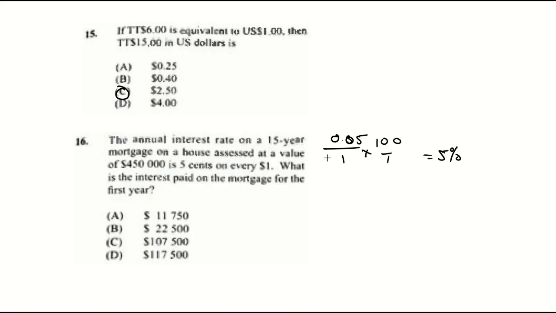So it's 5 over 100 multiplied by 450,000. Cross that out, 2 into 45 is 22, remainder 1, so it is going to be 22,500. Wow, okay. That is the interest for the first year.